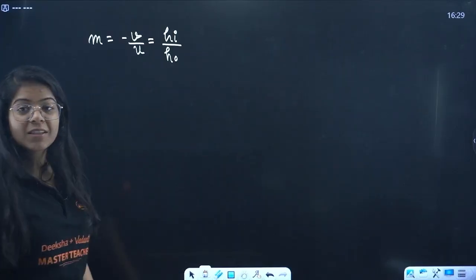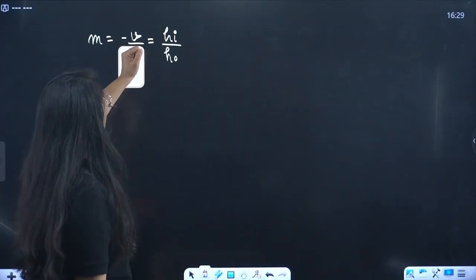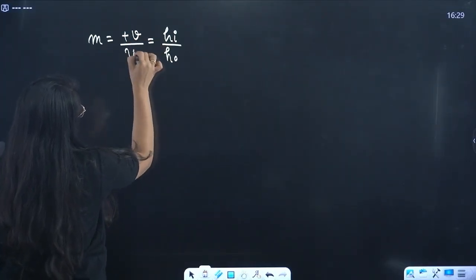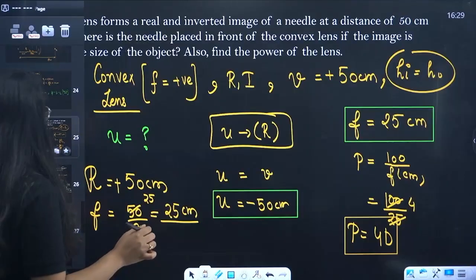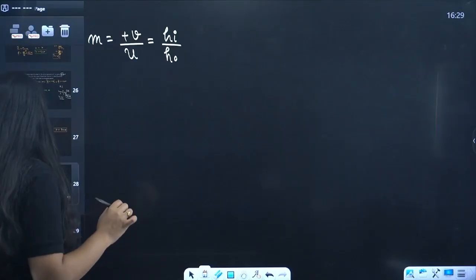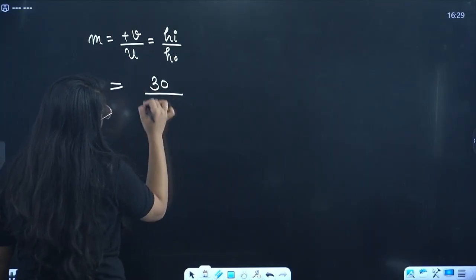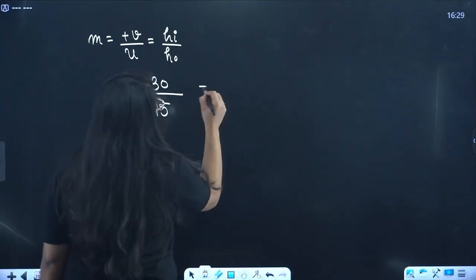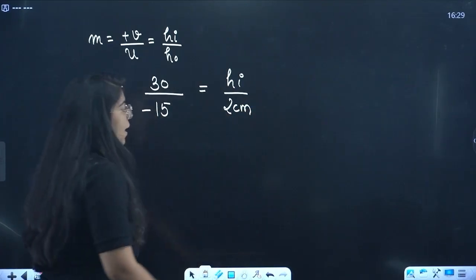One thing also, remember we have the magnification formula for lenses as plus V by U. Remember that always. Okay, I have not used it wrongly, I got confused, but good, I have not. Now V is 30 centimeter, U is minus 15. Height of image we have to find, height of object is given as 2 centimeter.